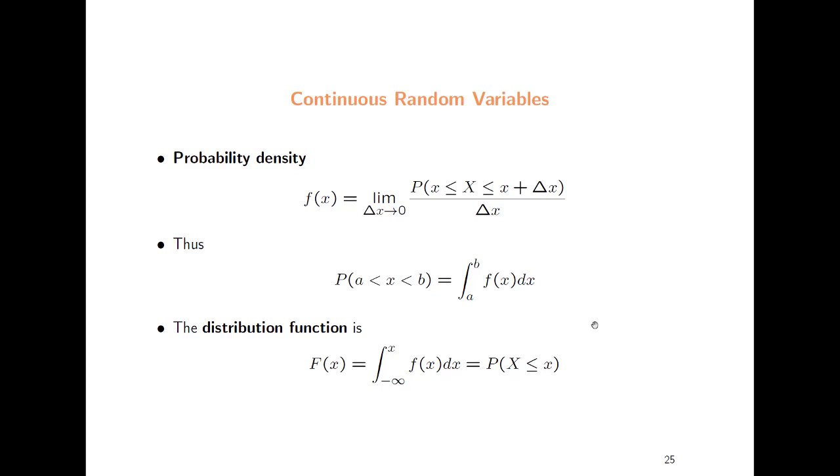And then we are talking about probability densities, and also a change from P to F. Sometimes they use small p instead of F. It's defined as the limit that delta x goes to 0, and here in the denominator we have the probability that the random variable is larger than x and smaller than x plus delta x.